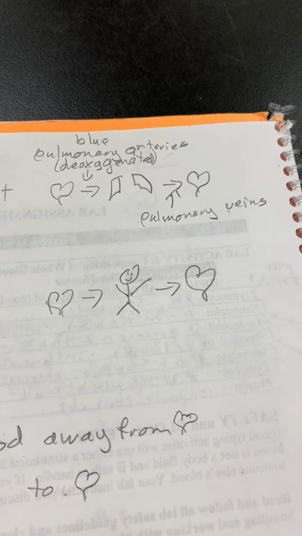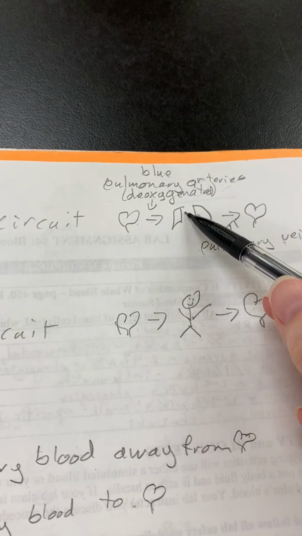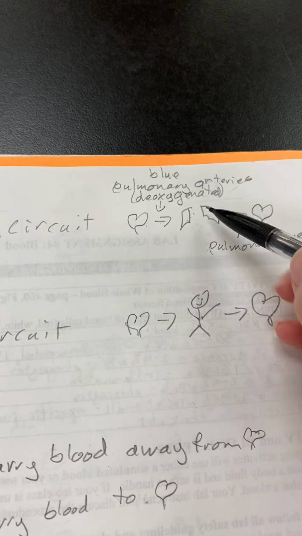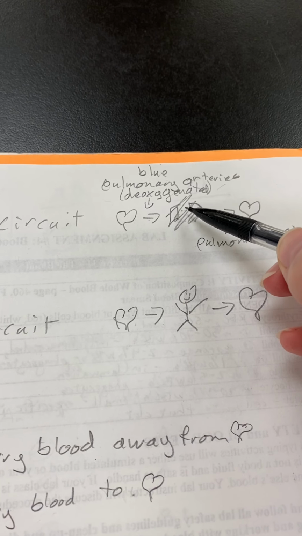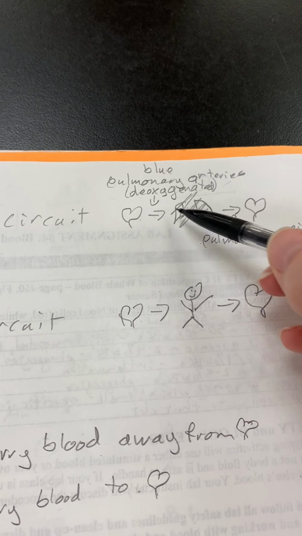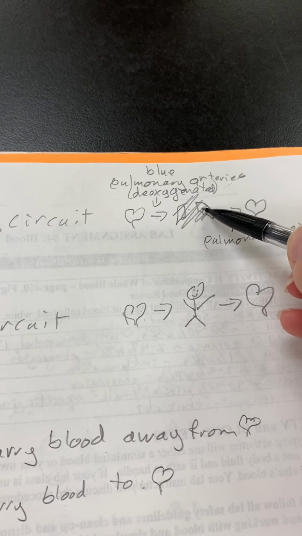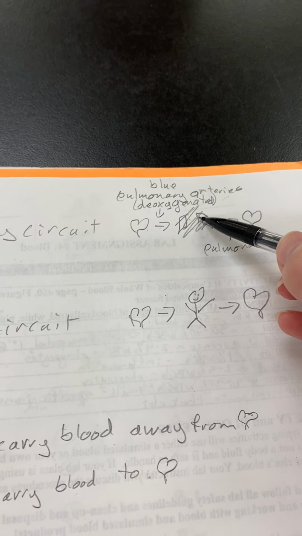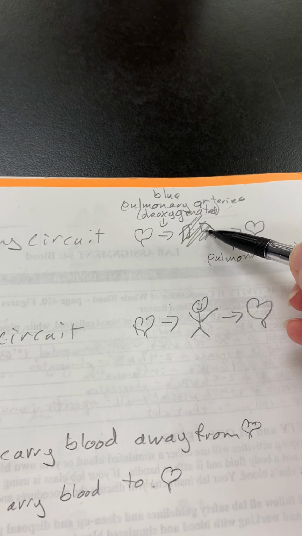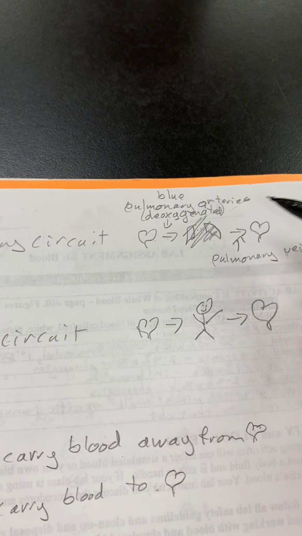In the lungs, capillary beds, the carbon dioxide from the body has been dropped off into the lungs so that you can exhale it, and then you inhale more oxygen, and that goes into the blood.